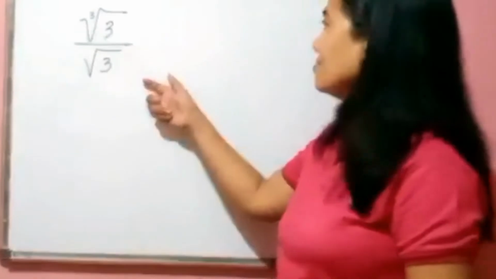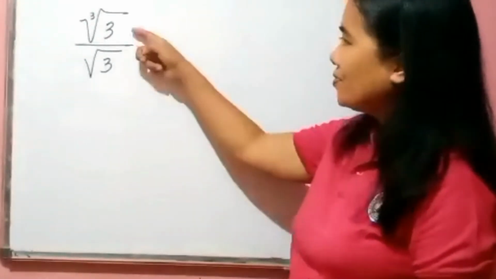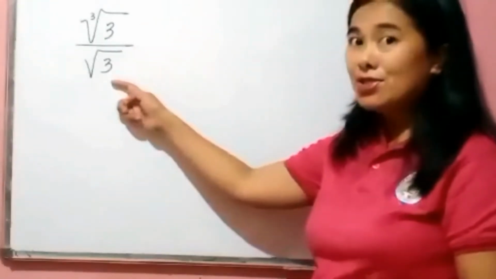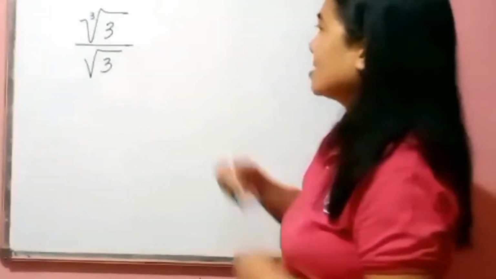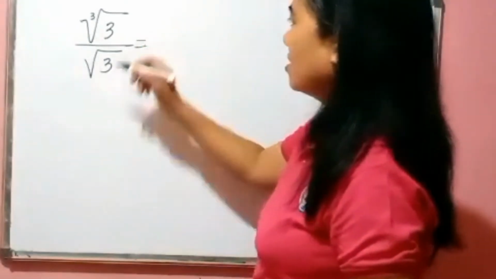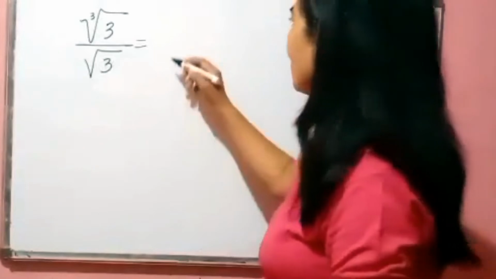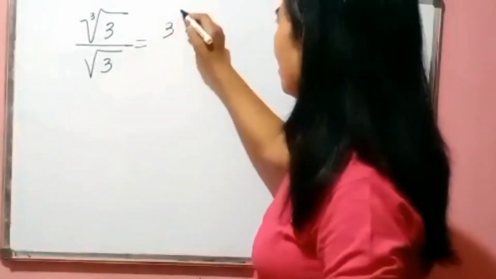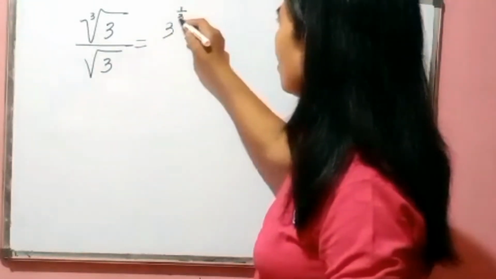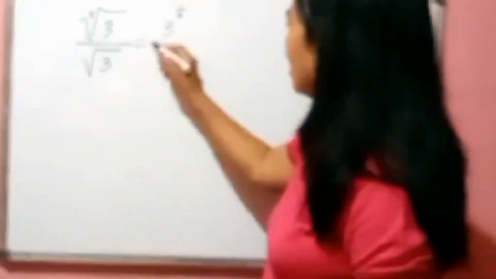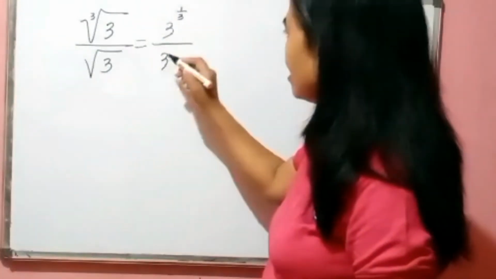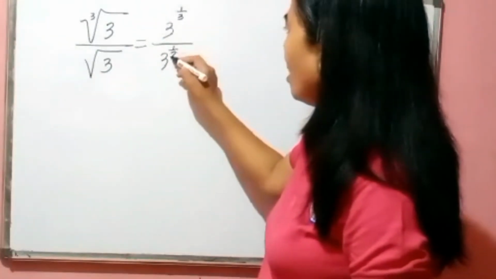Isa pang example. So, this time, cube root of 3 divided by square root of 3. So, balik tayo sa transform them muna into rational exponents. So, meron tayong 3 raised to 1/3. Okay? Next is, meron tayong 3 pa din, pero raised to 1/2.